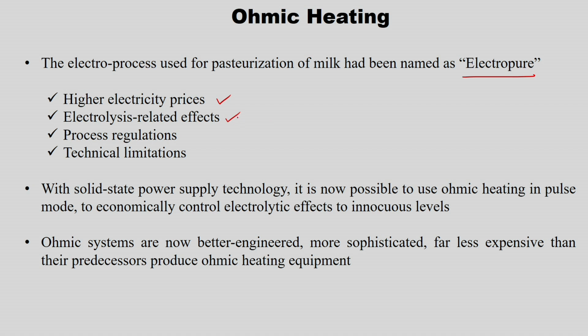So, these effects are unwanted, and there were no process regulations employed for ohmic heating, and there were certain technical limitations too. Due to these reasons, once it picked up, there were no commercial plants, no commercial technology.